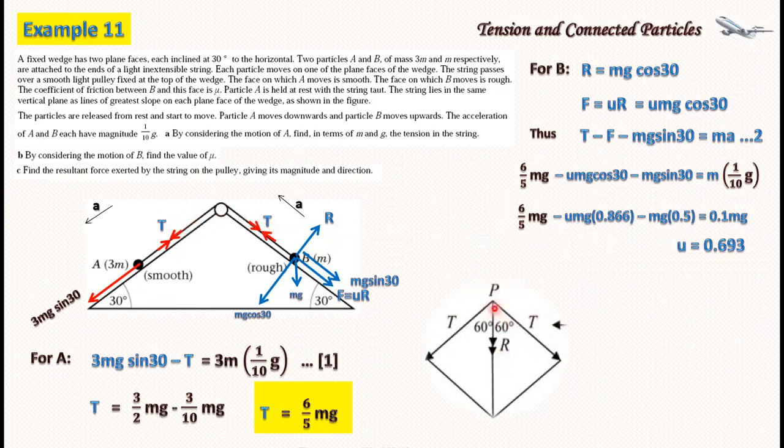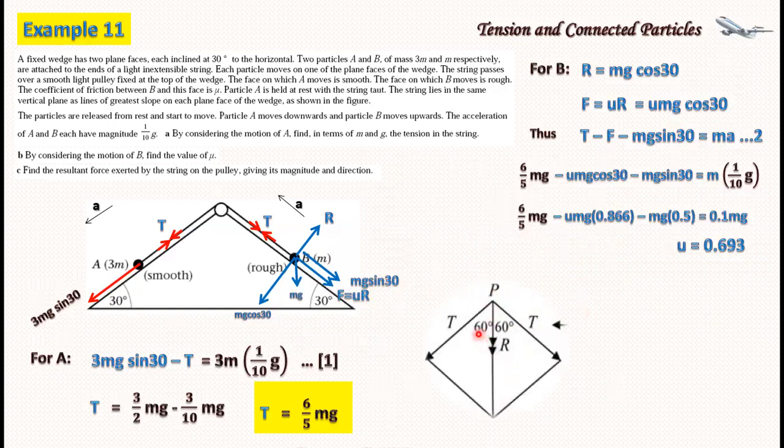So these components will be resolving this tension. These components horizontally will cancel out, because here we have T sine 60 to the right and T sine 60 to the left. So there is balance. There is no movement in the horizontal direction.